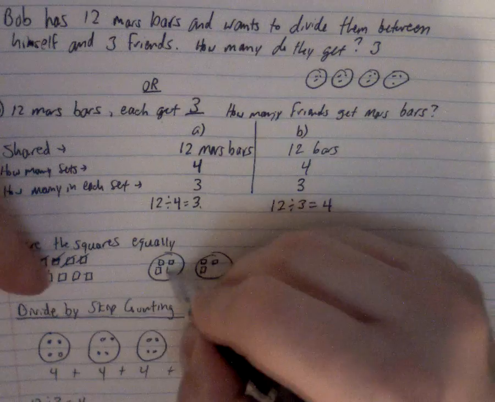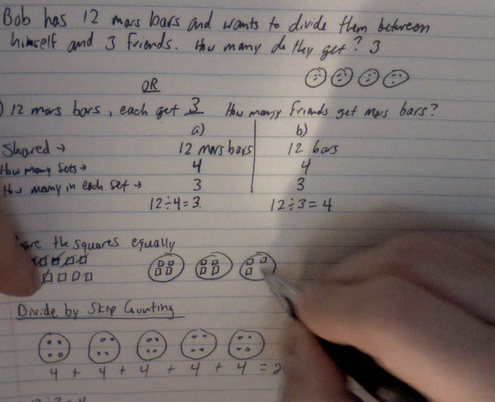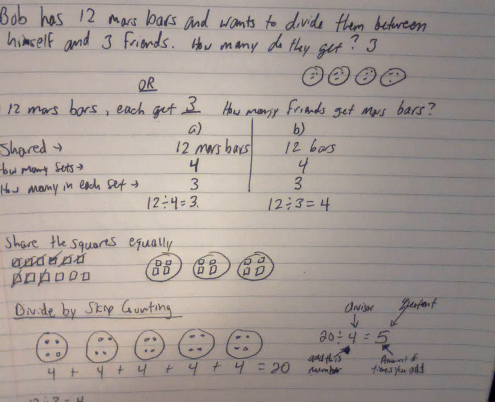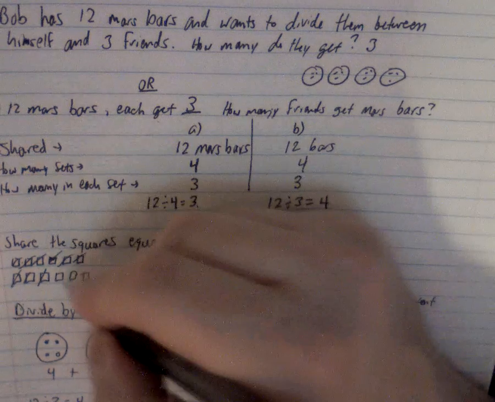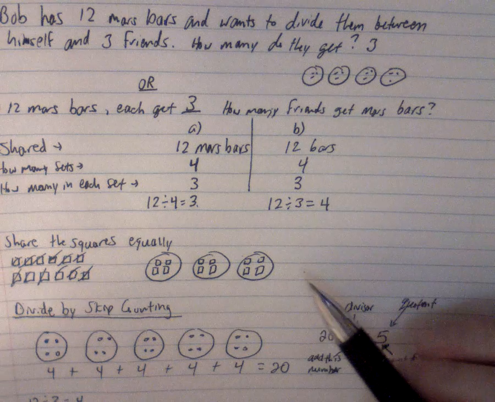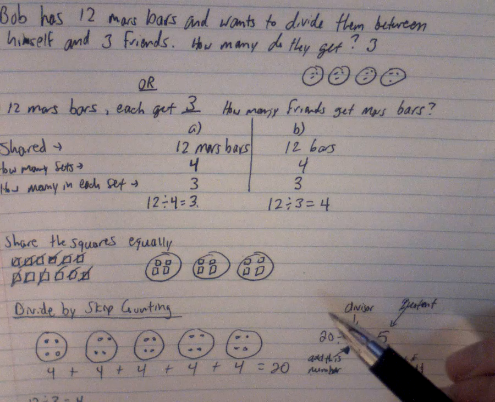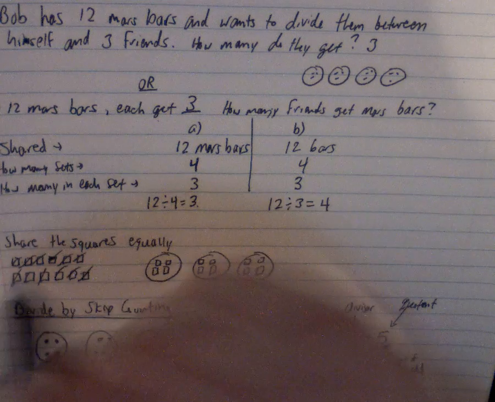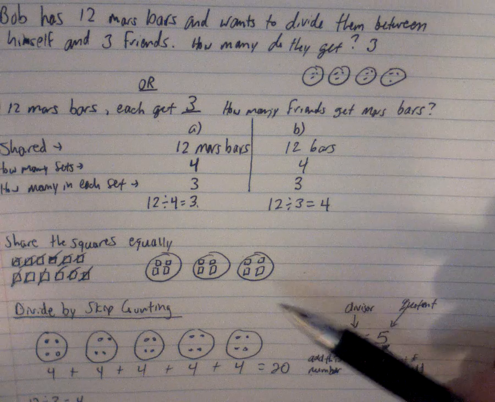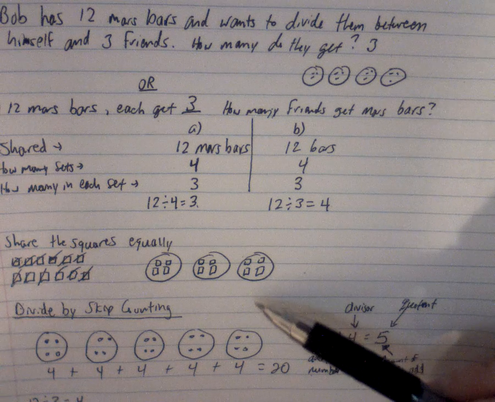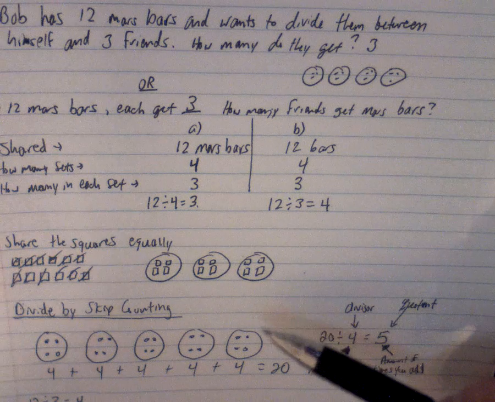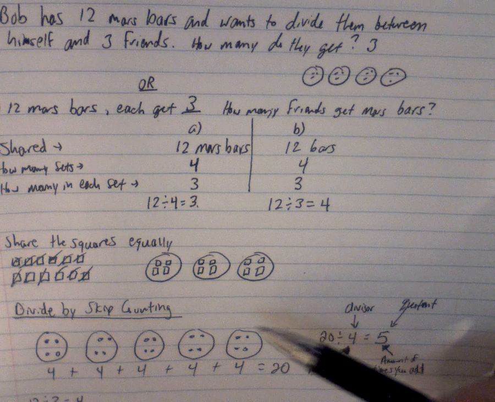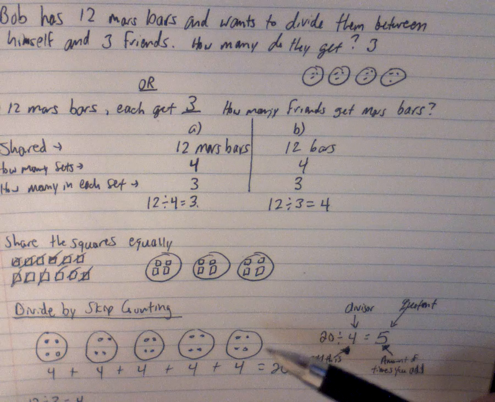And I have 3 left. That's exactly how I would share those squares equally. What I would do is I would just do them 1 at a time. Or if you can take a look and you count the total, you know you have 12. Oh, I got 3 circles. So I could just skip count by 3. 3, 6, 9, 12. And I would figure out how many are in each circle.